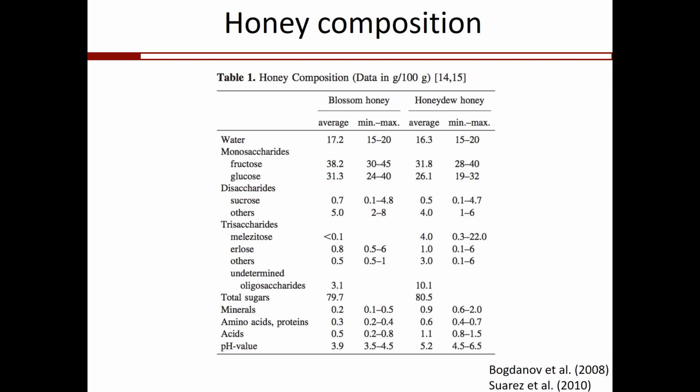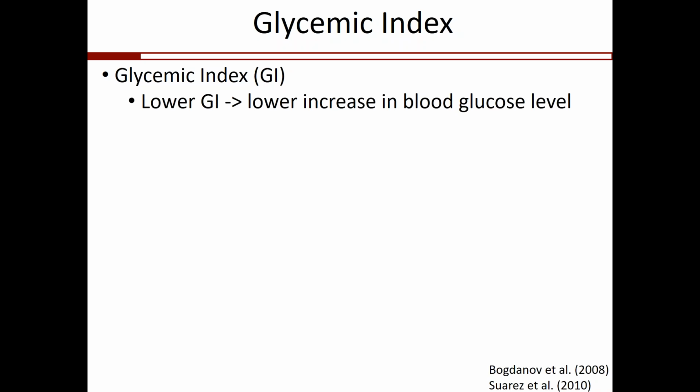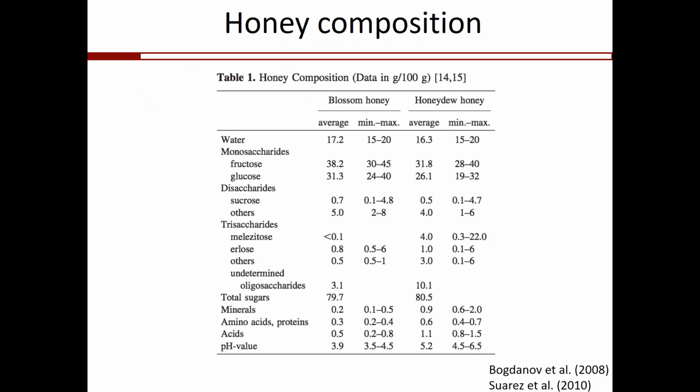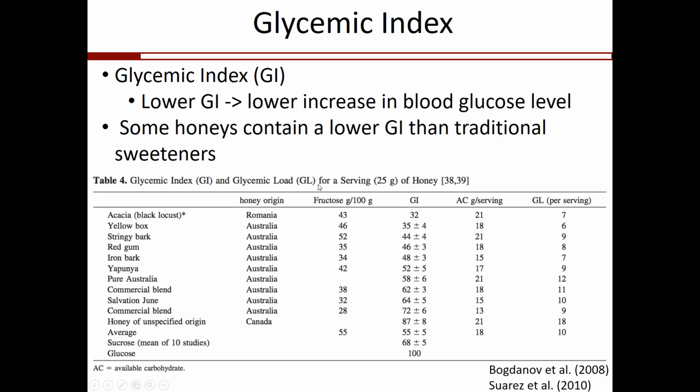So nutrient-wise, this is just like a sweetener, a carb, but honey, as we know, is a lot more than that. And one of the reasons is because their glycemic index is very low. So what that means is that for people with diabetes, it will help them maintain a lower blood glucose level compared to sugar.